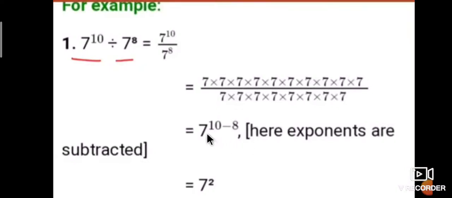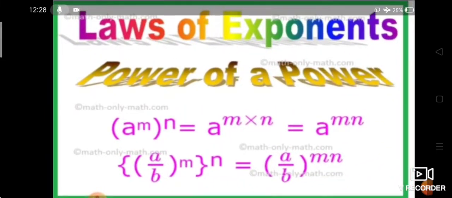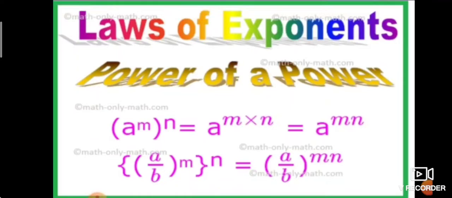Therefore, here it is 7 to the power of 10 minus 8, because here exponents are subtracted. Therefore, the answer is 7 to the power of 2, or 7 squared.